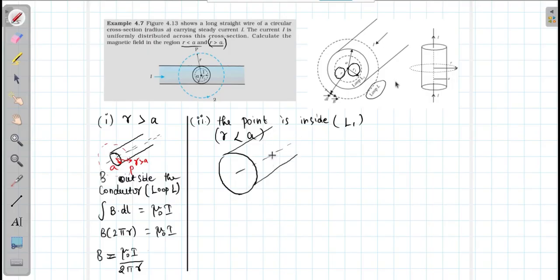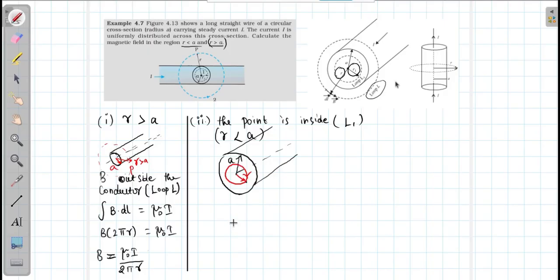This is our axis, and the radius is A, and the point is lying inside. The distance is R.